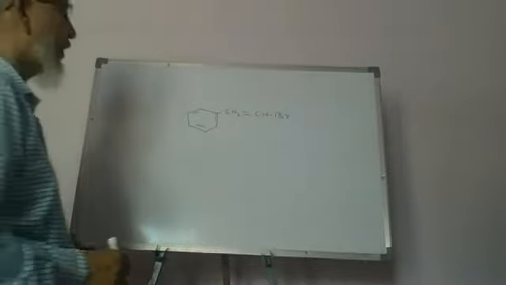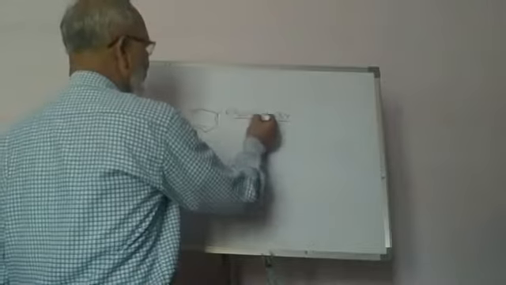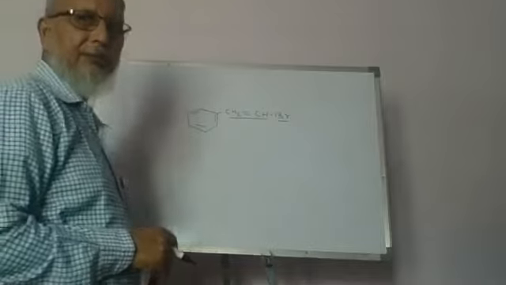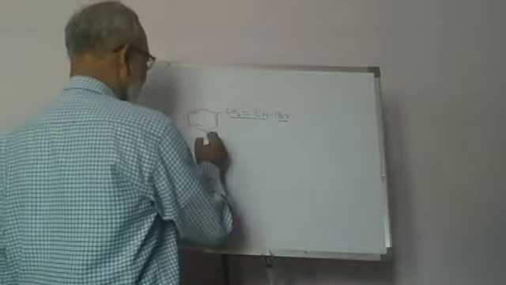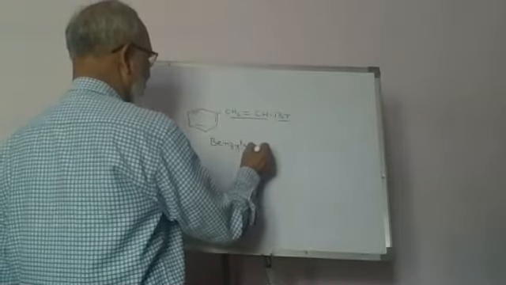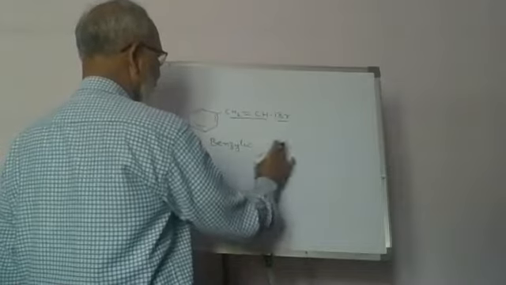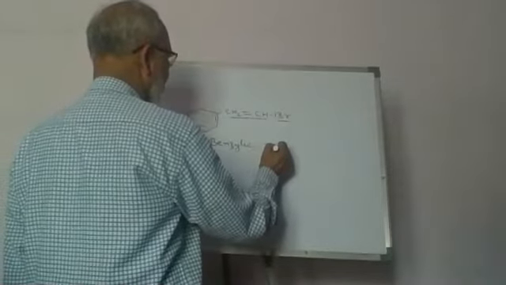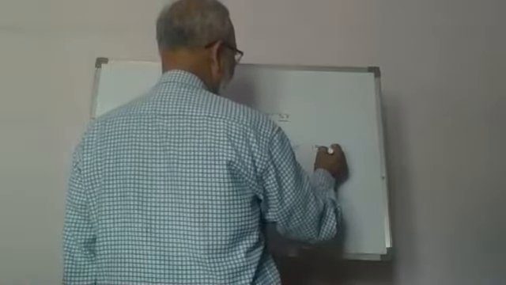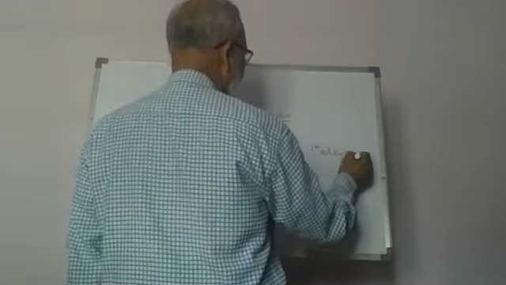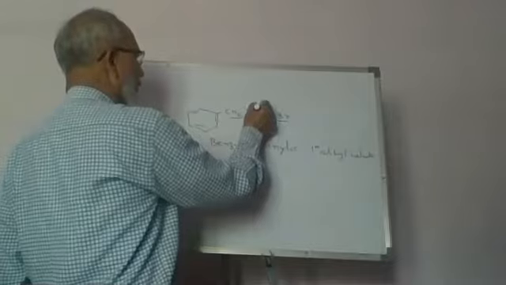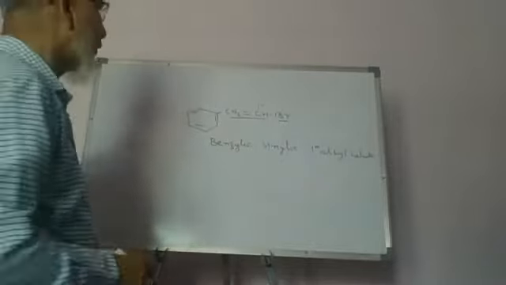The halogen atom is attached with the side chain, and side chain is unsaturated or it is alkenic. So this compound will be, its nature will be benzylic, allylic, vinylic, and primary alkyl halide. This is a primary carbon atom with which the hydrogen atom is attached. That side will be primary alkyl halide.